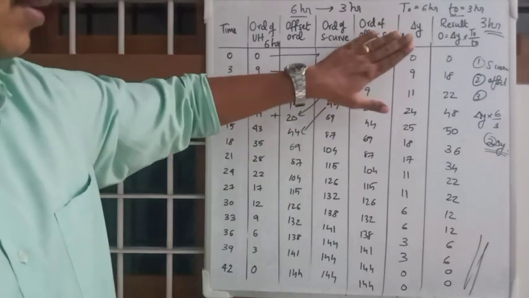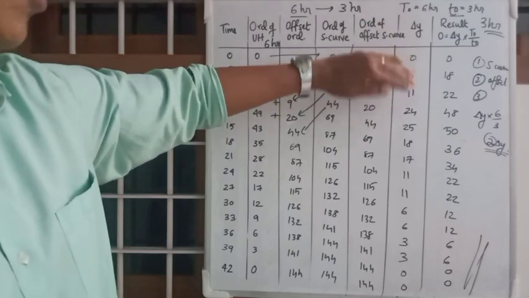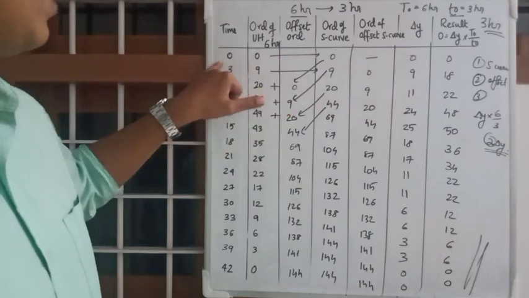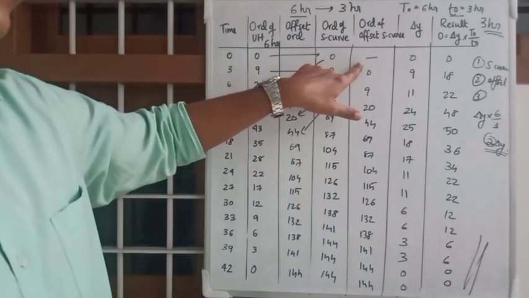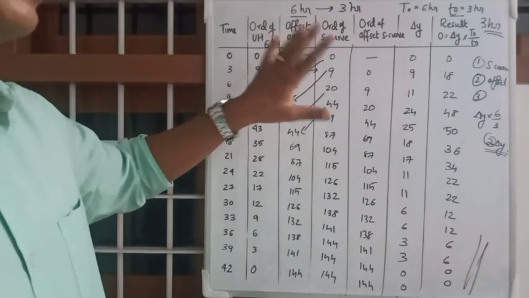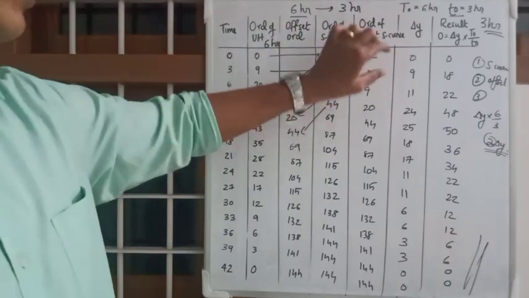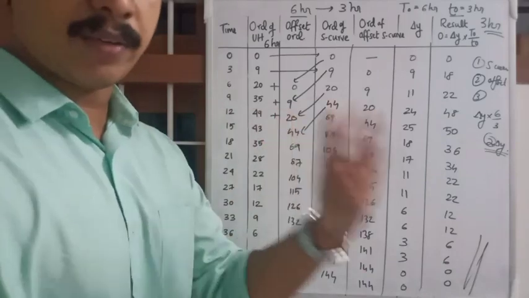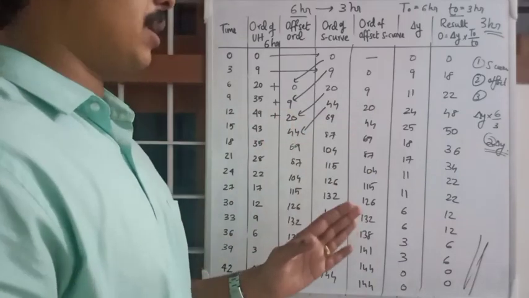So only for that small letter T0 we are lagging or offsetting the S curve values, that is only 3 hours. That is the only point you should remember, and this will be the only area where variation will come with respect to different questions. Okay, I hope you understand.